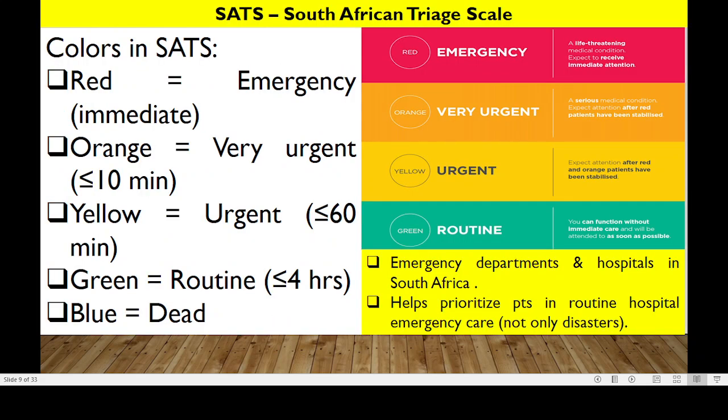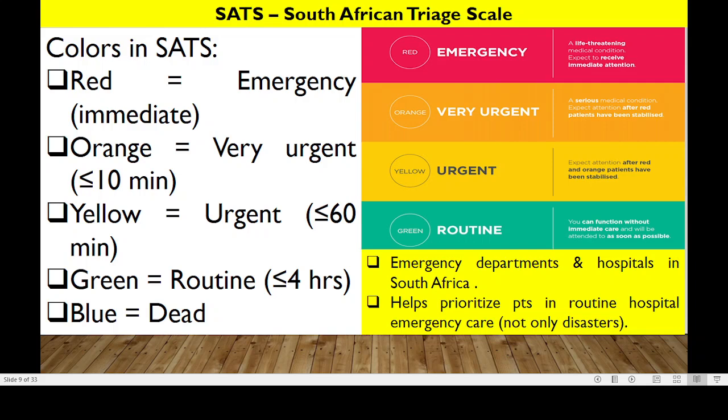So that one is used more in the field, but we also have another scale that is normally used on a hospital basis and is abbreviated as SATS. This stands for South African Triage Scale, and this one was developed in South Africa.